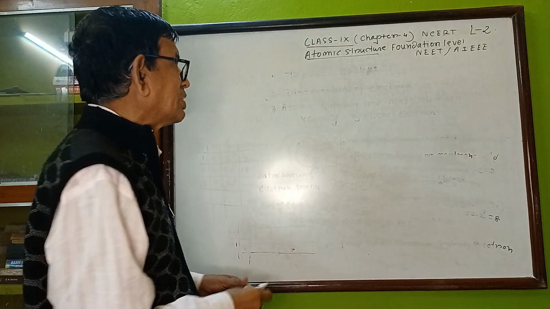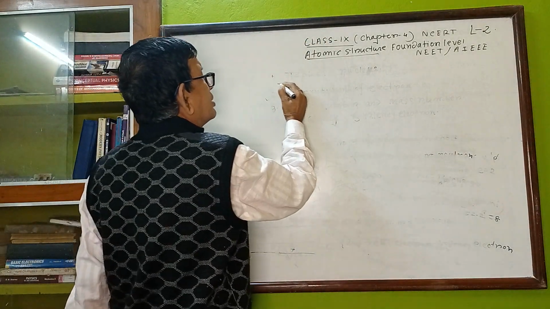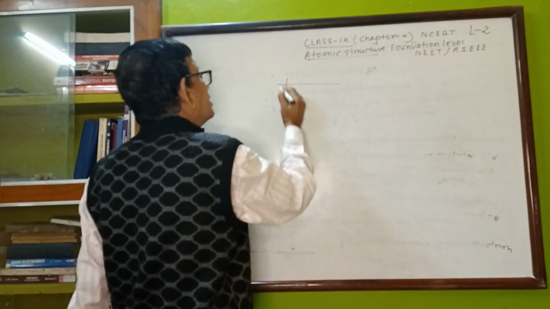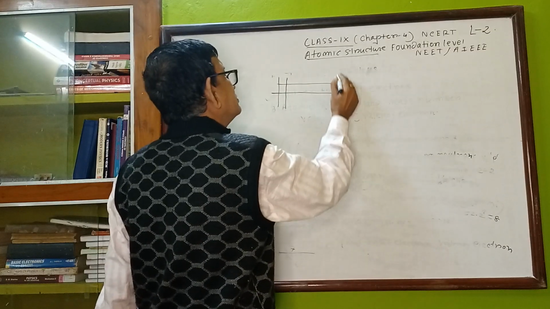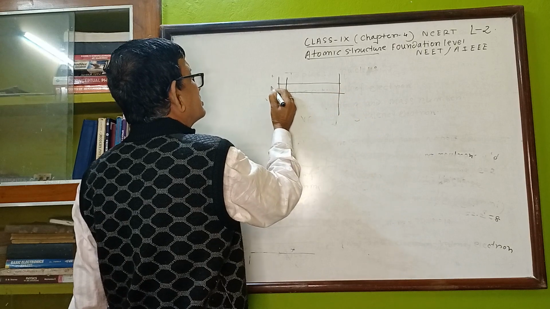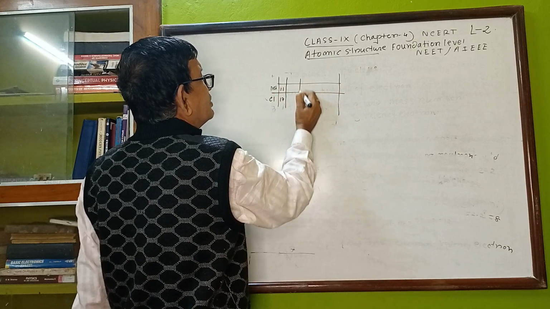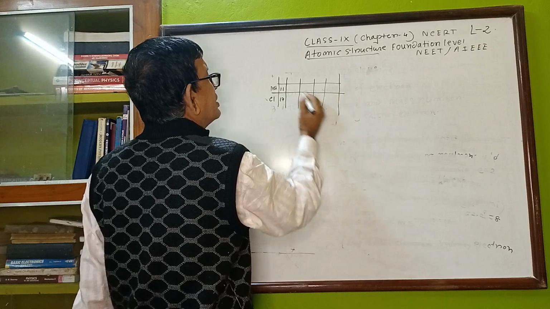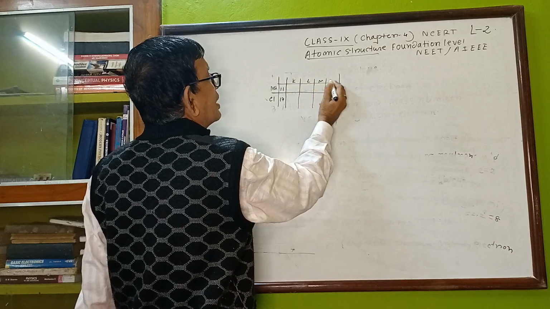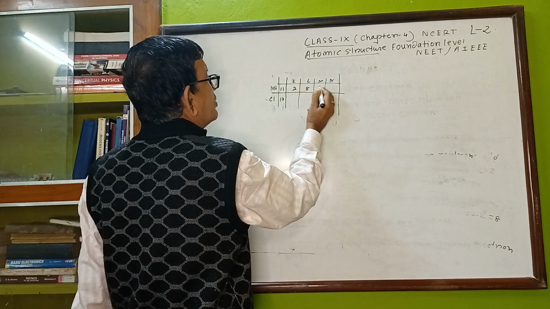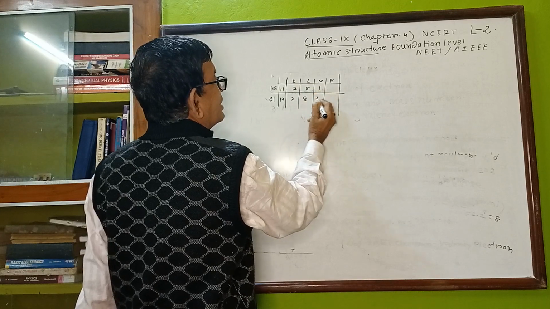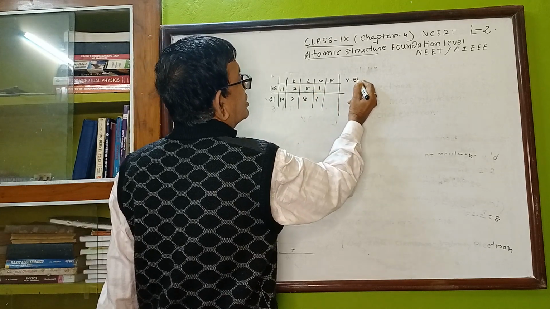This portion is very important, so I am repeating again. For example, sodium 11. Chlorine 17. If you distribute, then you have K, L, M, N: 2, 8, 1 and 2, 8, 7.